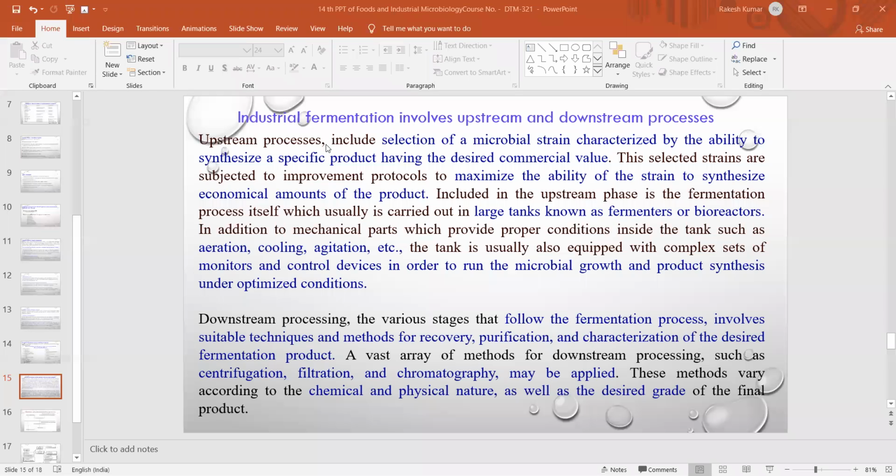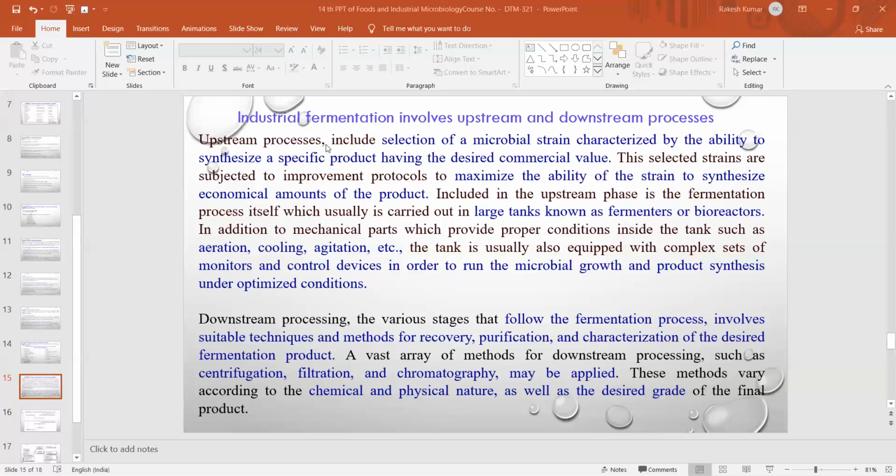Included in the upstream phase is the fermentation process itself, which is usually carried out in large tanks known as fermenters or bioreactors. Whatever tank you are using is also known as a fermenter. In addition, there are mechanical parts, different types of accessories or mountings fitted on that particular bioreactor.